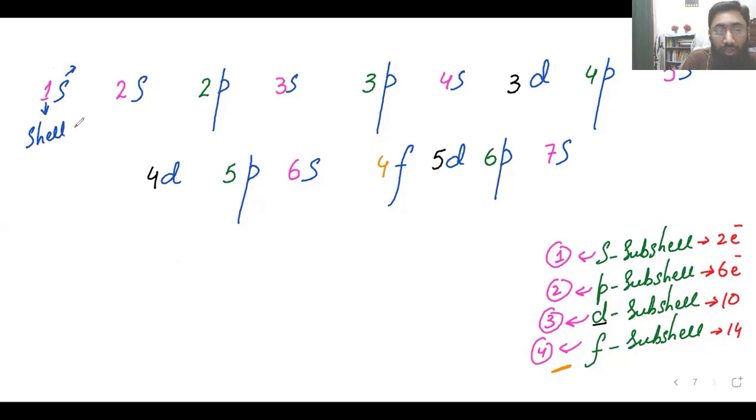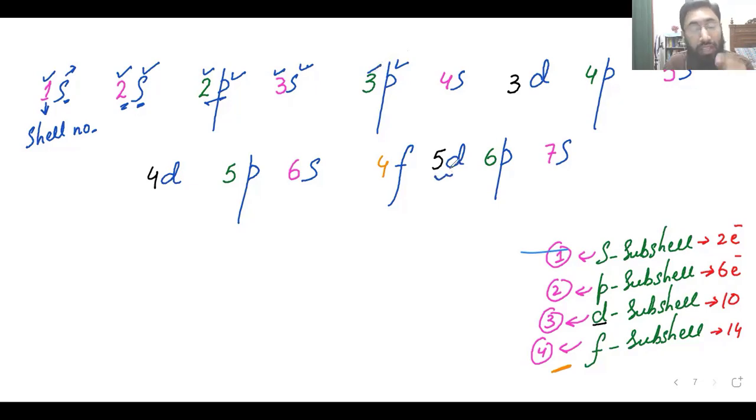This one represents the shell number. Guys, listen very attentively. 1S means the S subshell of the first shell. 2S means the S subshell of the second shell. 2P means the P subshell belongs to the second shell. 3S means the S subshell belongs to the third shell. 3P means the P subshell belongs to the third shell.